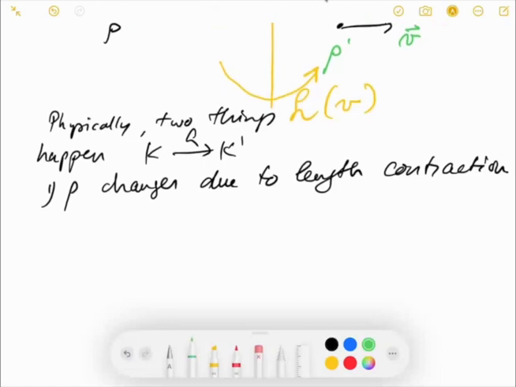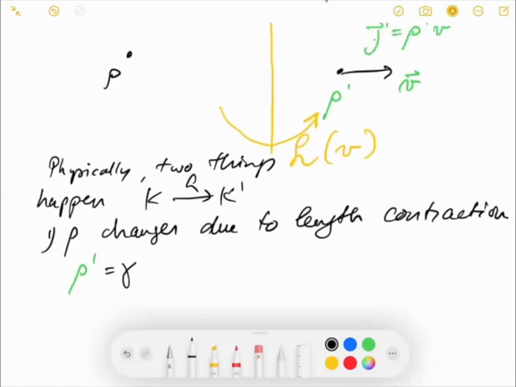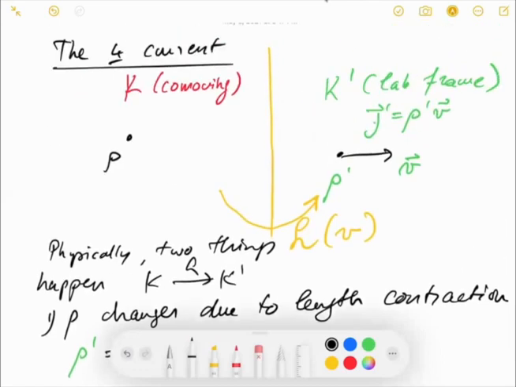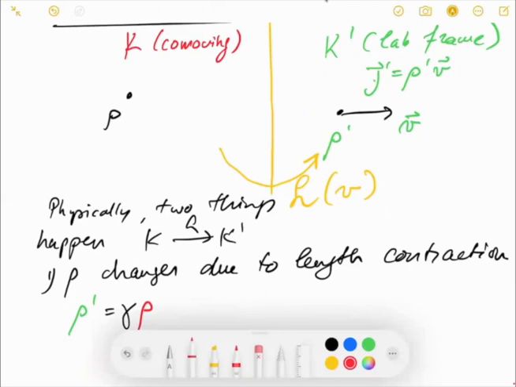Well, that means that rho prime is going to be equal to gamma times rho, and I think I had that color coded as just black. Yes. I might as well do it in red. Okay, times rho. Okay, so make this red then as well.